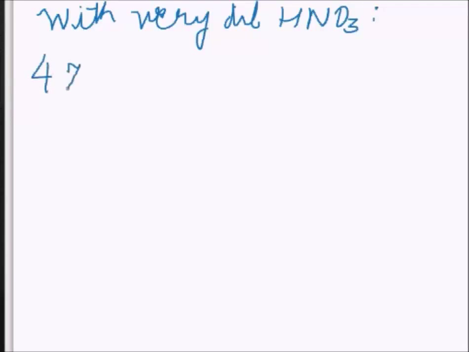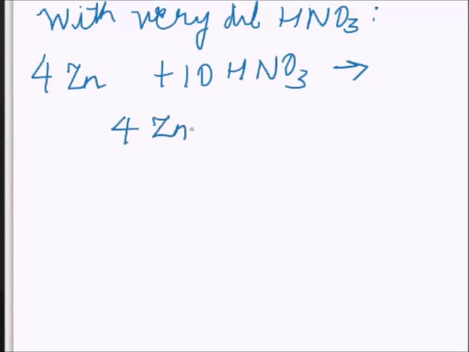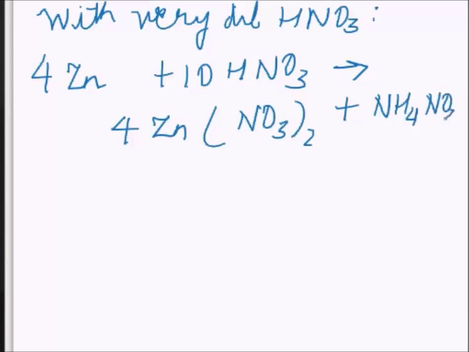First we will discuss for zinc. 4Zn with 10HNO3 gives zinc nitrate, 4Zn(NO3)2, NH4NO3 along with water.